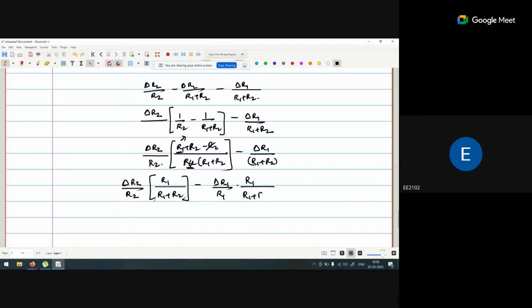I just convert it to delta R1. Now delta R1 upon R1 upon R1 plus R2. So it becomes delta of R2 minus delta of R1. This is the delta V out. Okay, so this is the formula for delta V out.